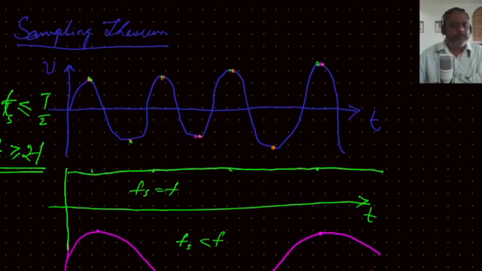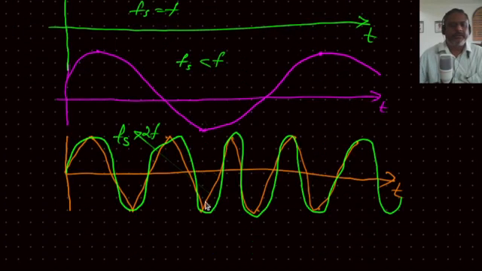If you want better results, definitely we would recommend getting more samples in a cycle. The more samples you have, the better approximation we get.